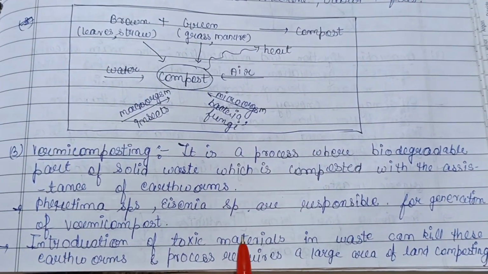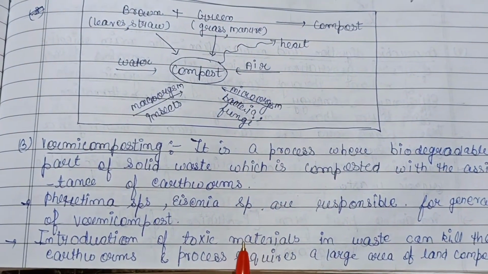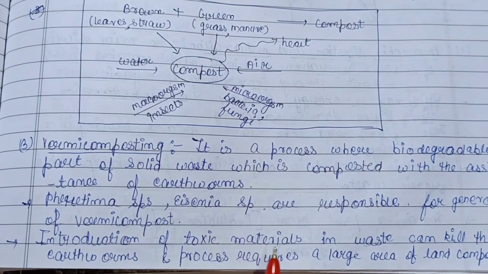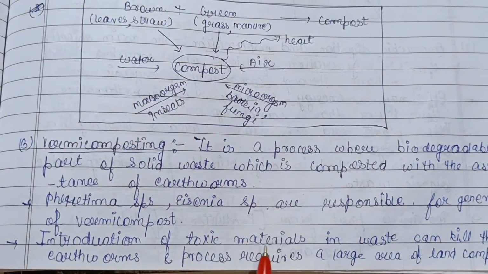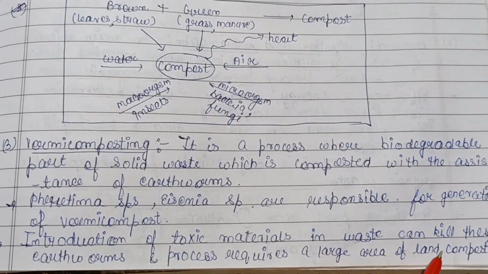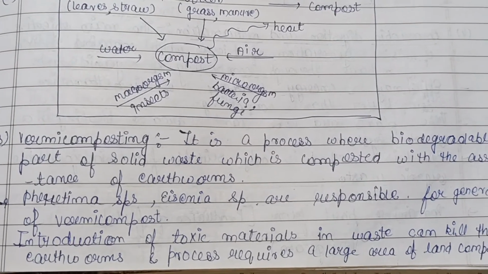So introduction of toxic material in the waste can kill these earthworms. So there is a disadvantage also in this method, that is if a waste contains toxic material, then this will harm the earthworms, and the process requires a large area of land, again just like the composting method and the landfilling method.